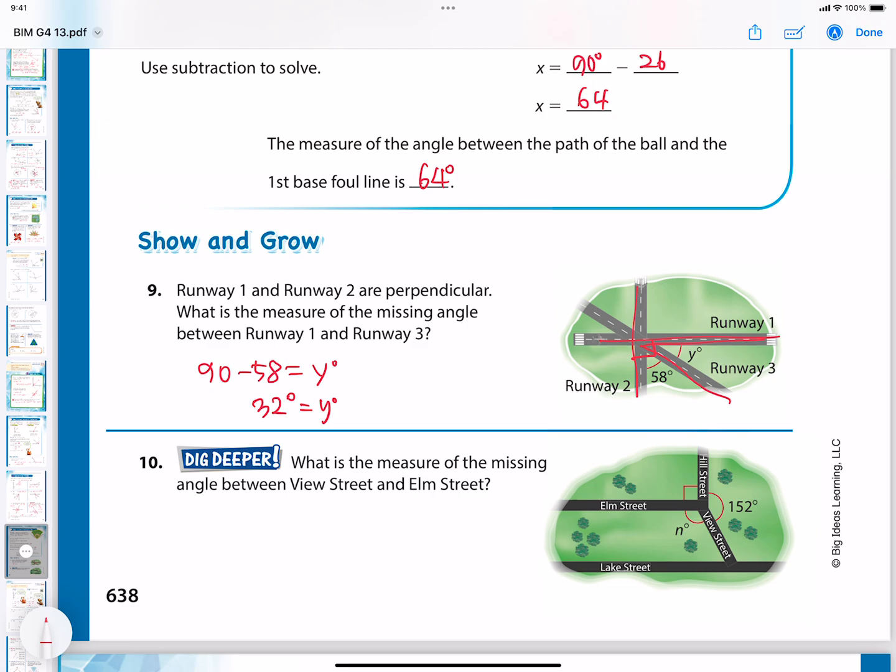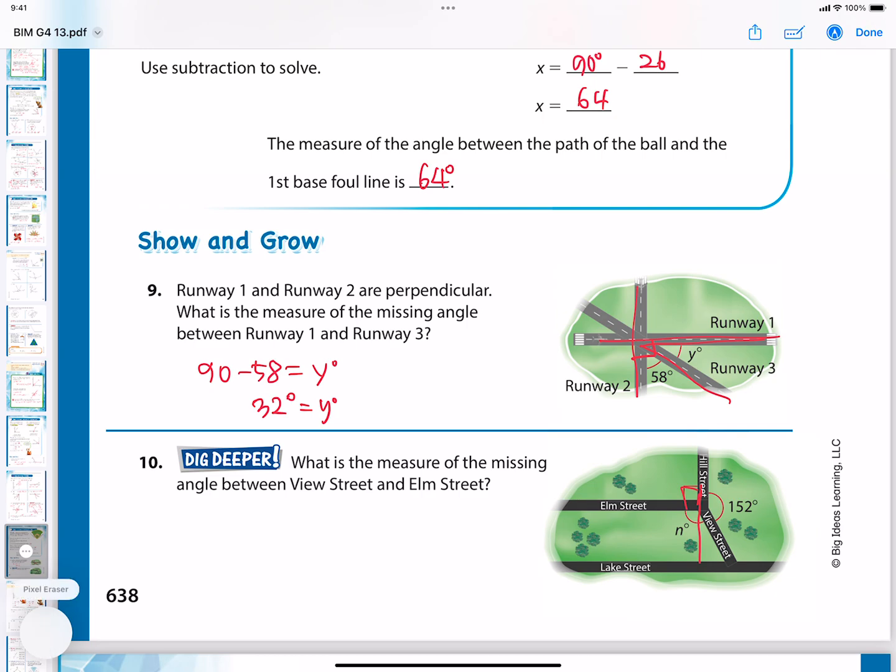Number 10. Dig deeper. What is the measure of the missing angle between View Street and Elm Street? This is 90 degrees, right? And we are going to use a strategy here.